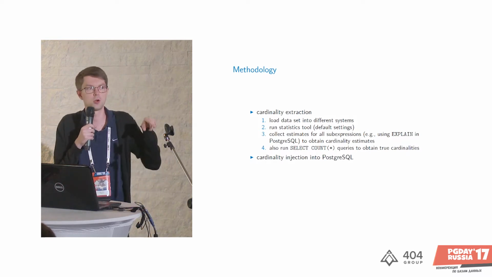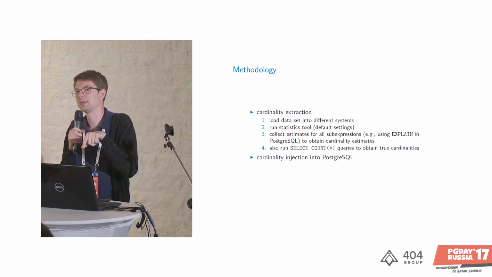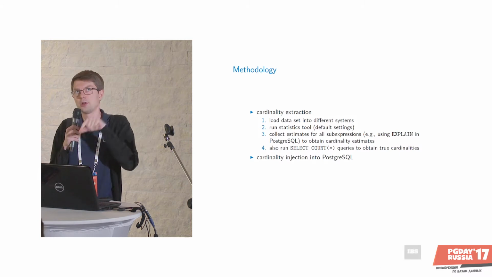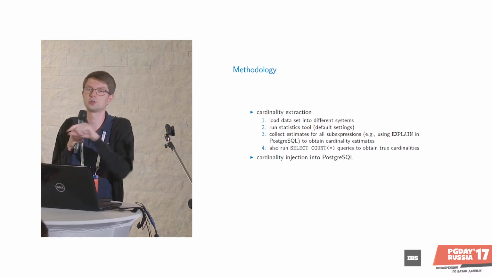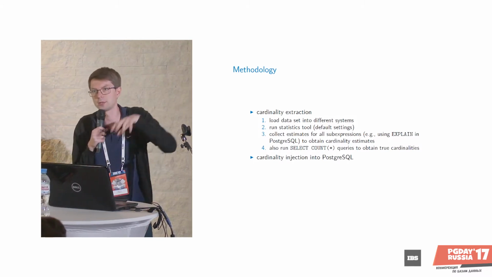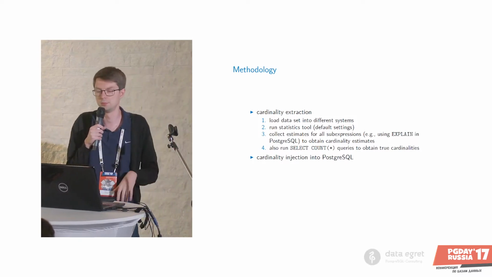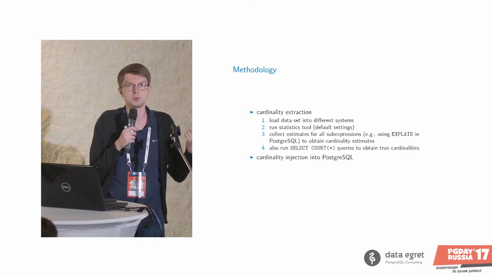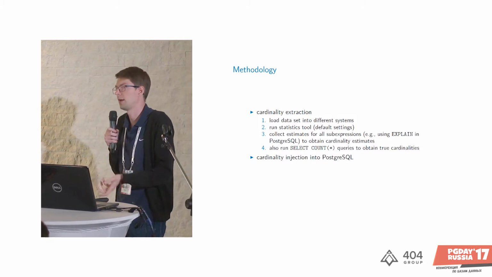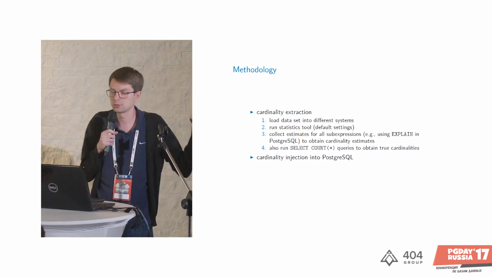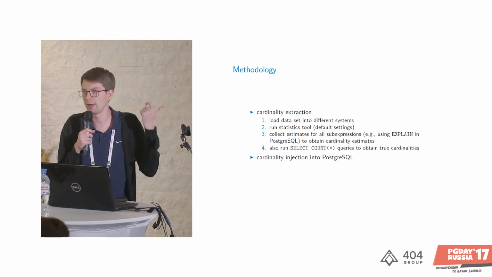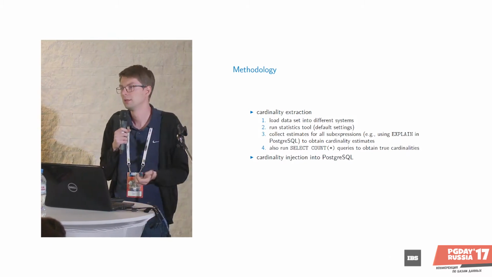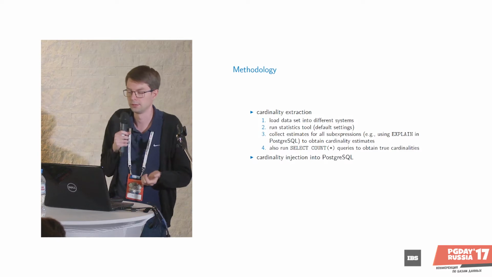For instance, if you have this R join S join T, you have R join S, that's one intermediate result, S join T, that's also an intermediate result, and for larger join queries, you have a huge number of these intermediate results. And for each of those, we asked the database systems, okay, what is your estimate for that result size? Right? And in PostGIS, you can do that just by running the query with explain, and then PostGIS will tell you, I think the result size is 10,000, right?